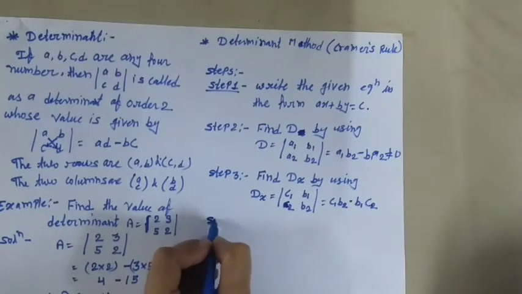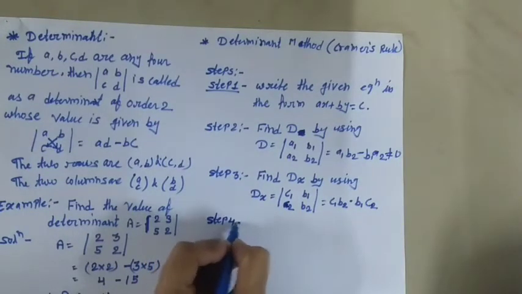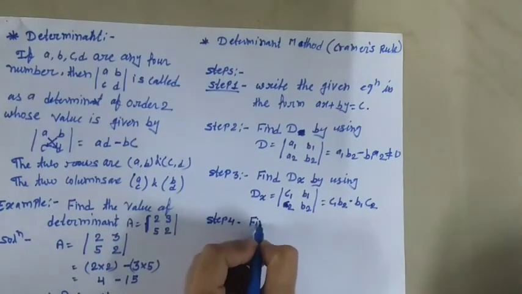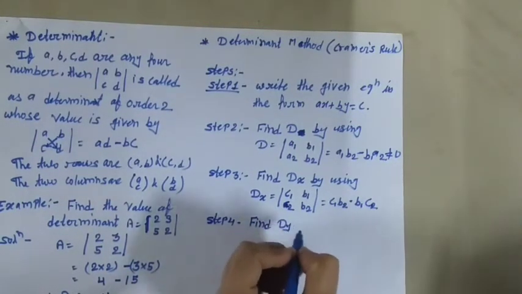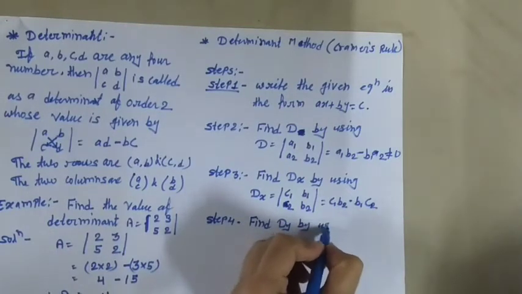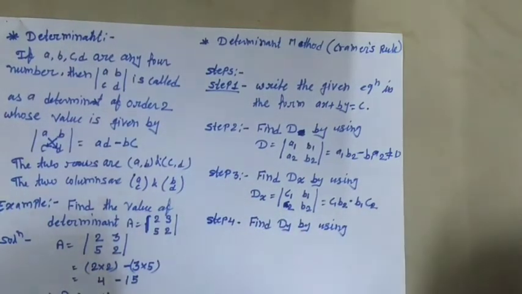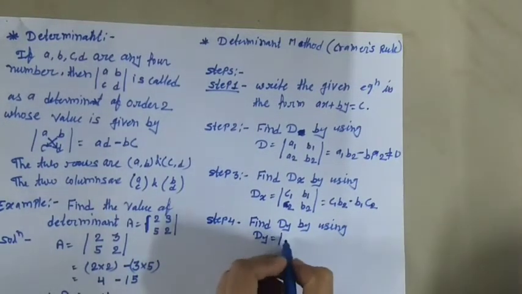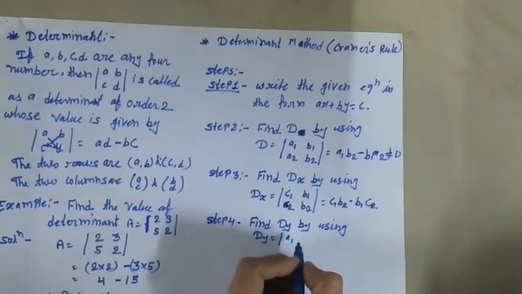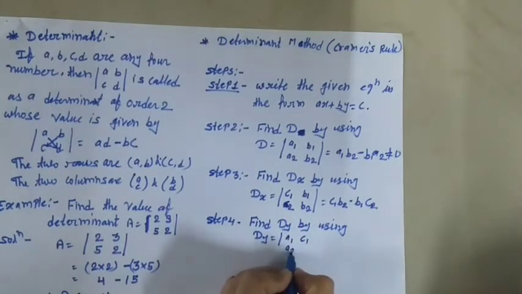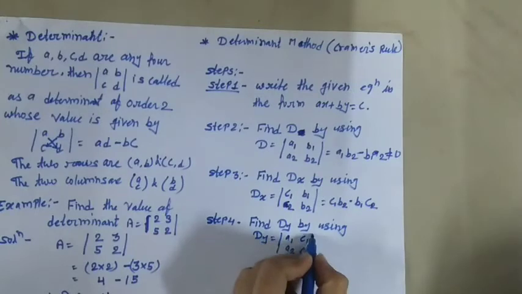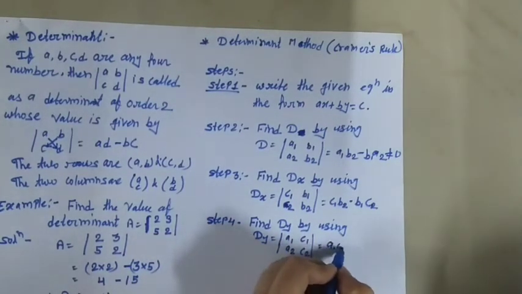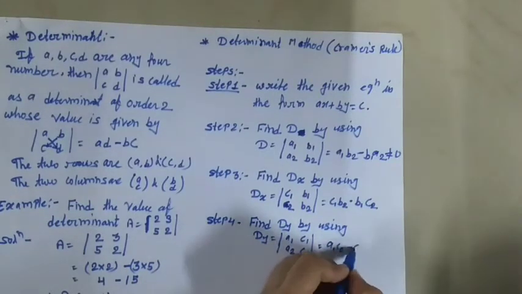Step 4: Find Dy using Dy equal to determinant a1, c1, a2, c2, equal to a1 into c2 minus c1 into a2.